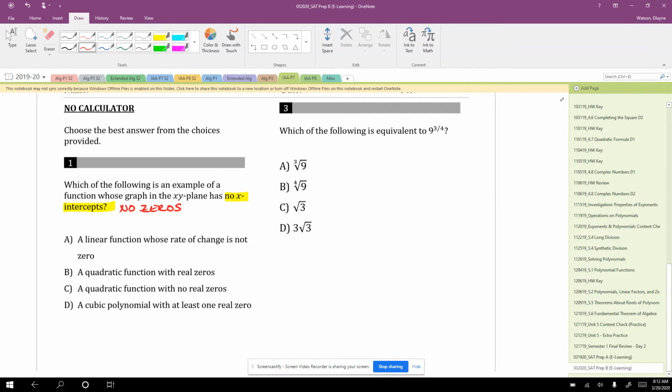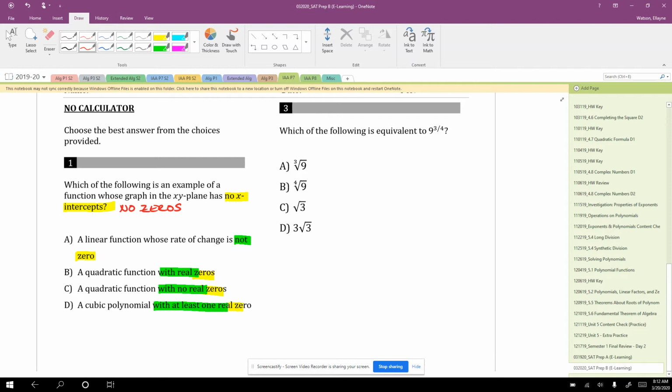It might be the format, it might be the vocabulary. In this case, they all say zero in them, right? The difference is we have not zero, with real zeros, with no real zeros, with at least one real zero. So I want you to also think of it as looking at the option choices to help you.